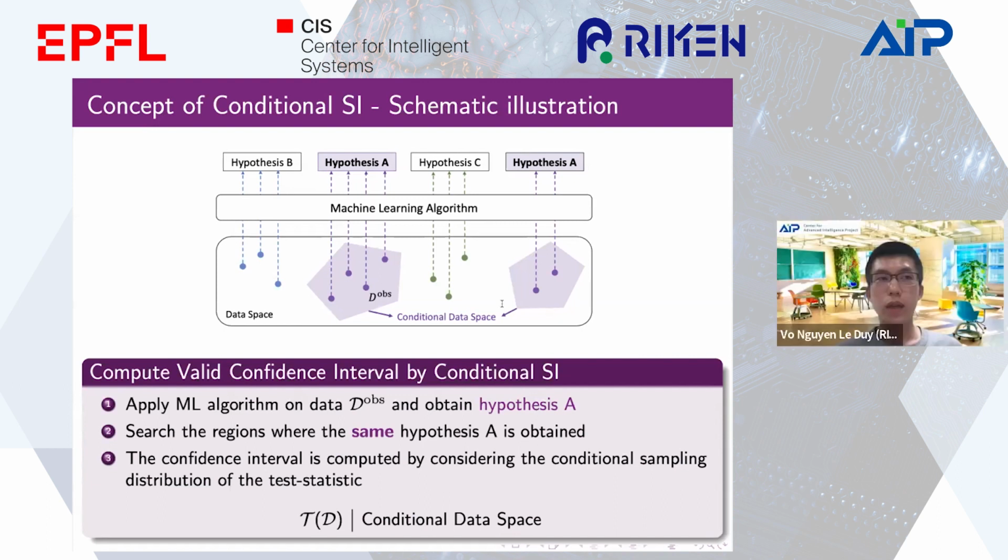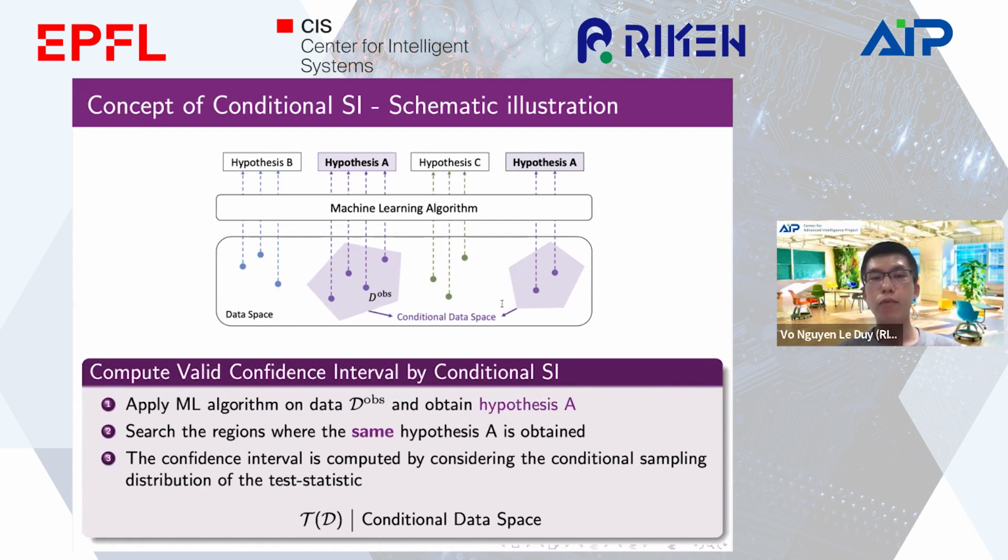Okay. So thank you for your question. In my understanding, if you use bootstrap or something, the main advantage of using conditioning in selective inference is that we can obtain the exact sampling distribution of the test statistic, not an approximation. This means that we can derive the sampling distribution in finite sample size.